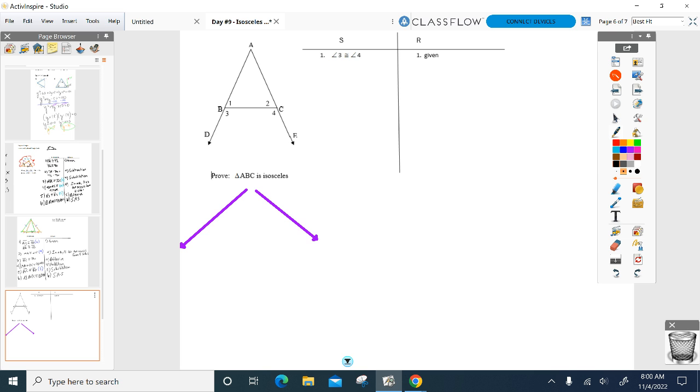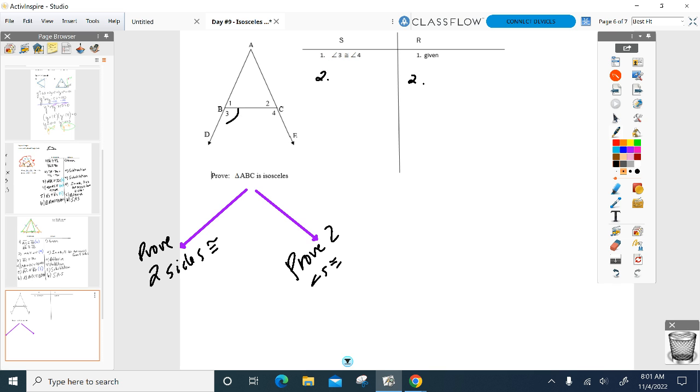I could show two sides congruent, or I could prove two angles congruent. Either one, I don't need both. Once you prove one, that's isosceles. I don't need to prove the other one. All right, so let's prove either two angles in the triangle or two sides in the triangle are congruent.